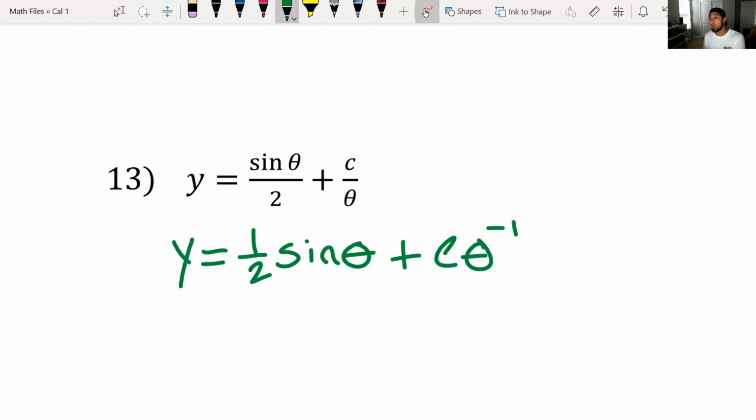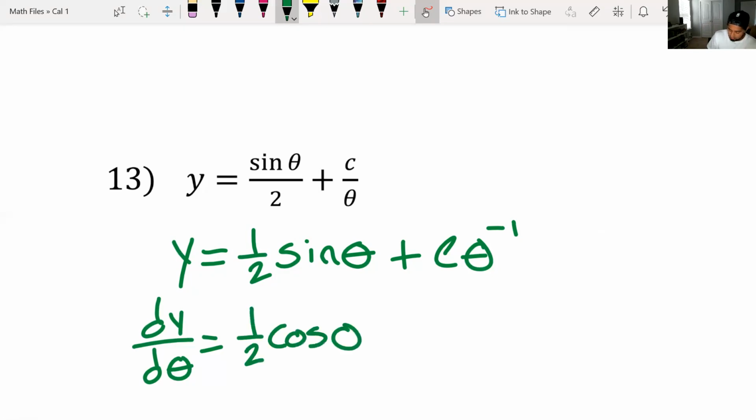Okay, we are now ready for the derivative, and a play on notation again. We'll say dy over d theta, the derivative of y with respect to theta. And the derivative of 1/2 sine theta, just take the derivative of sine. 1/2 is a coefficient. The derivative of sine is cosine. So you'll get 1/2 cosine theta. And then the derivative of c theta to the negative 1, c is the coefficient. So all we really look at is the derivative of theta to the negative 1.